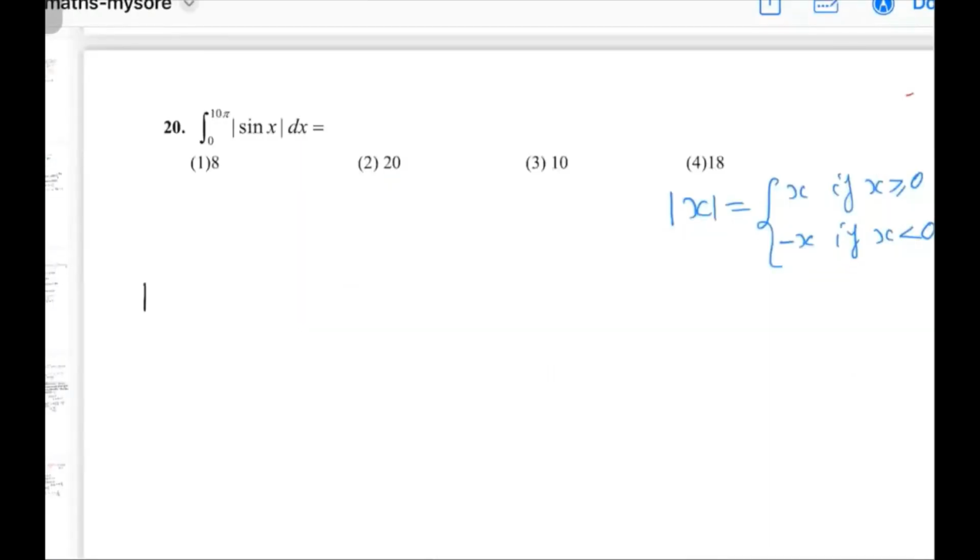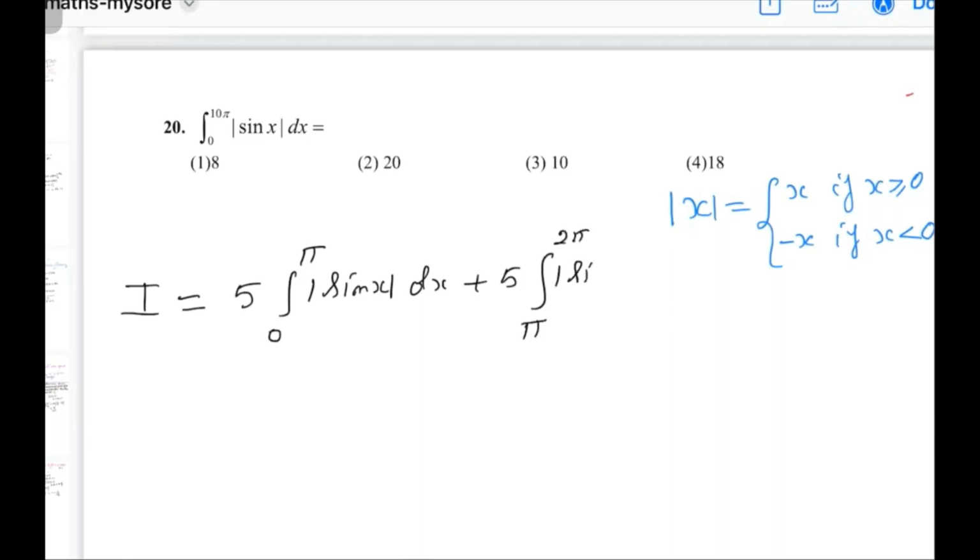So we can write the given problem as integral I equals 5 times integral 0 to pi mod of sin x dx plus 5 times integral pi to 2 pi mod of sin x dx.